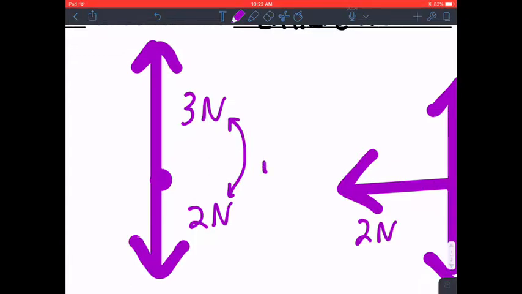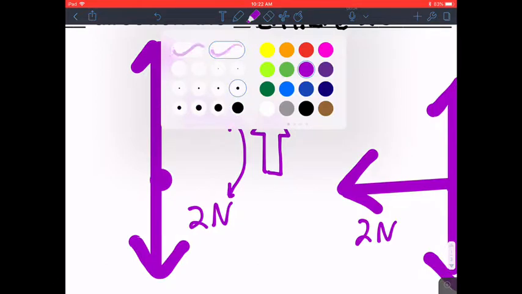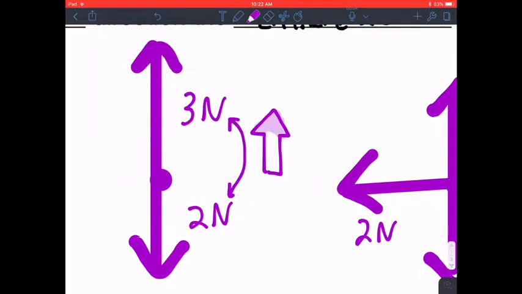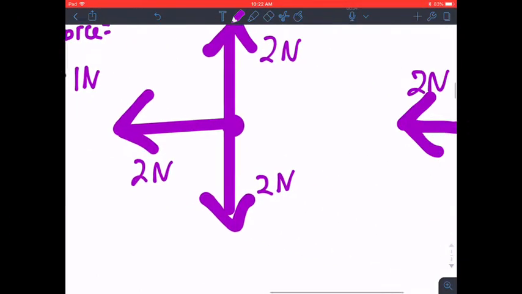We also have to show the direction of that net force, because net force is a vector, just like all forces. And so it has not only a magnitude or an amount, but it also has a direction. So in this case, the net force is 1 Newton up.